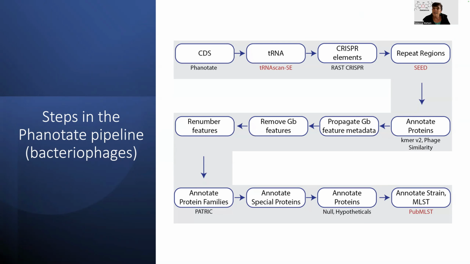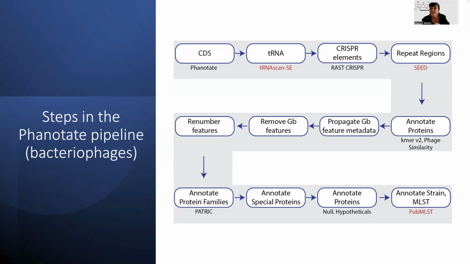Bacteriophages are annotated using Phannotate, and you can see that it, like RAS-TK, has a lot of components and a lot of steps, and it starts with tRNA and CRISPR, much like RAS, and then the proteins are annotated and protein families. This is, among the viruses, pretty unique because at this time, we try to unite any annotated protein into a protein family.